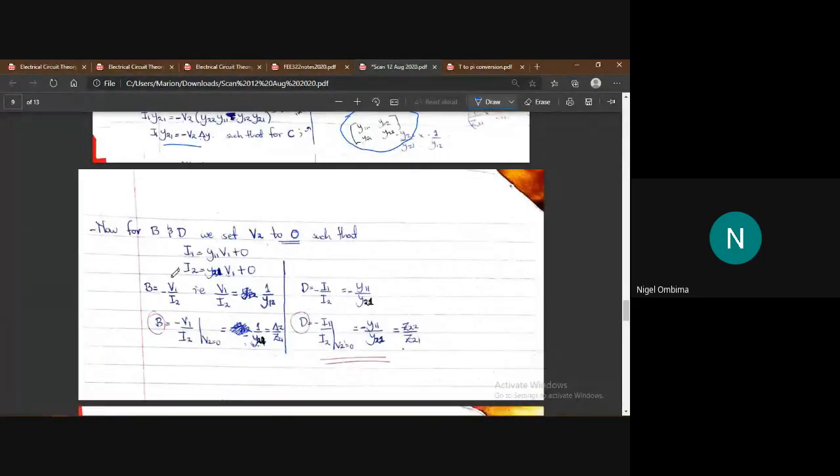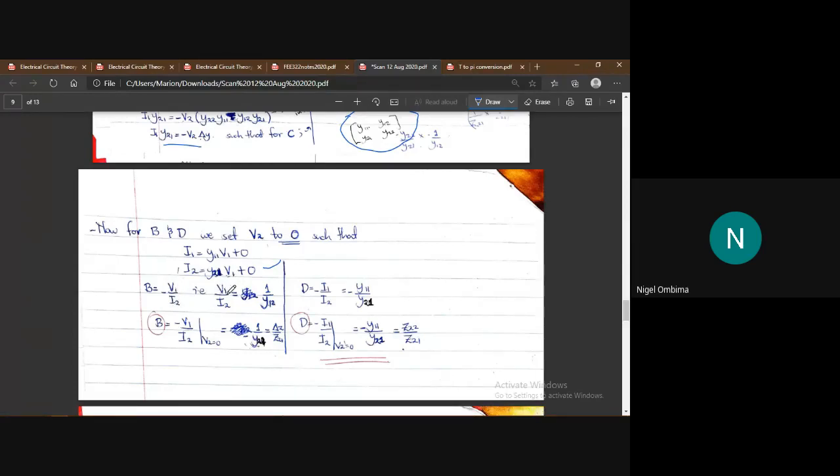So B is equal to V1 over I1, sorry, this second one, not the first. I2 is equal to Y21 V1, so we get V1 over I2, then taking the other side it will be negative. So B will be negative V1 over I2.